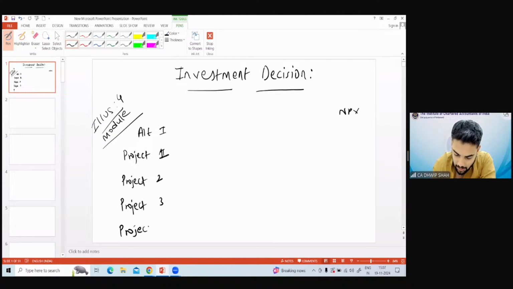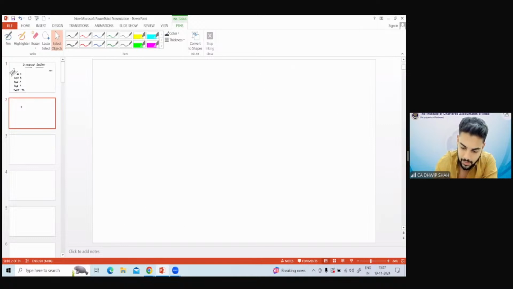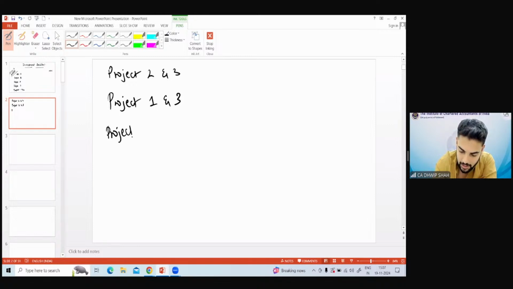When project 1 and 2 are together taken, then we will calculate NPV. Likewise, when project 2 and 3 are together taken, again we will calculate NPV. Project 1 and 3 are together taken, we will calculate NPV. And all the projects are together taken, 1, 2 and 3. Then we will calculate NPV and we will see which alternative or which projects generates the highest NPV.